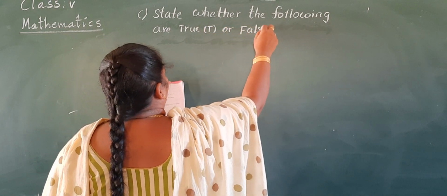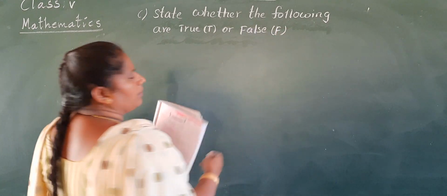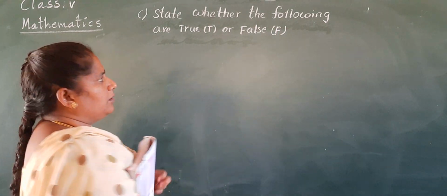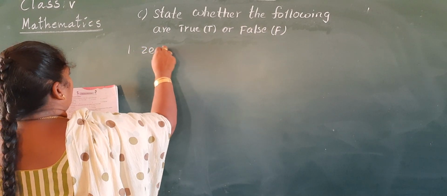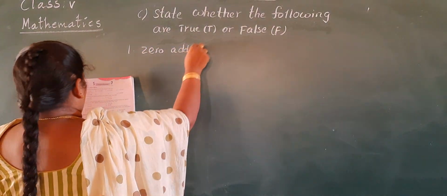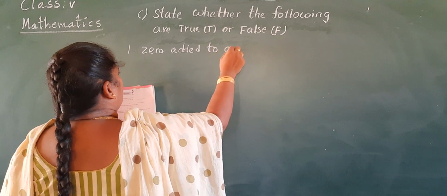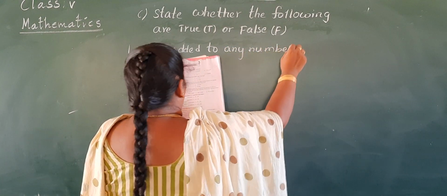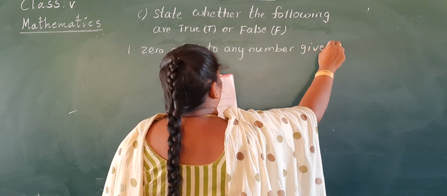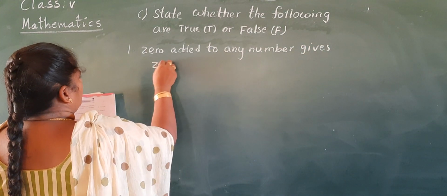True or false. Okay, first question. 0 added to any number gives 0 as sum.